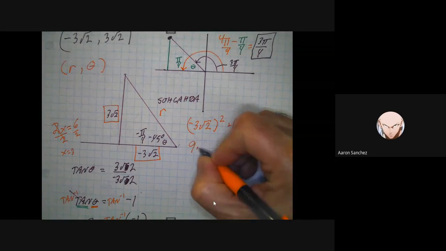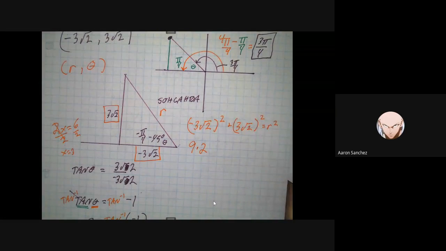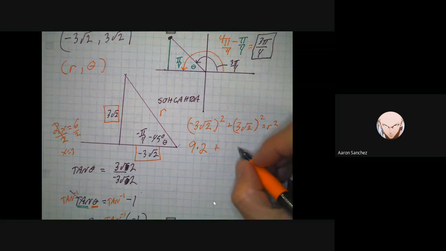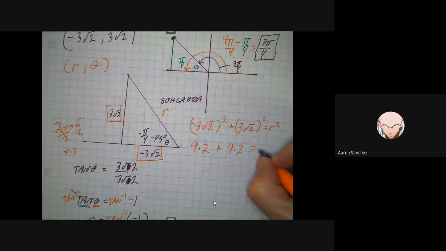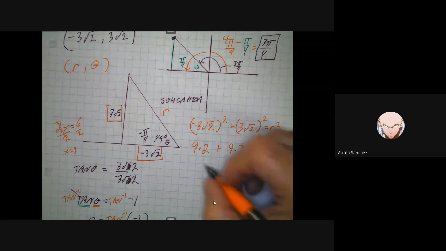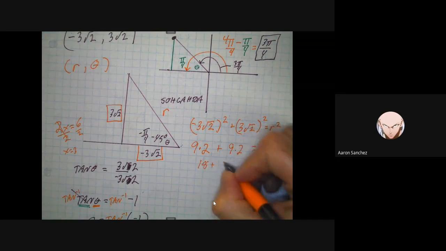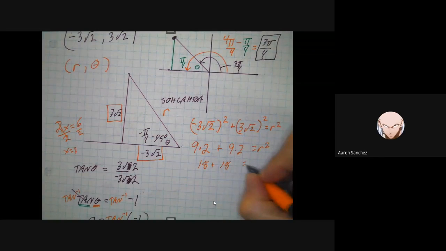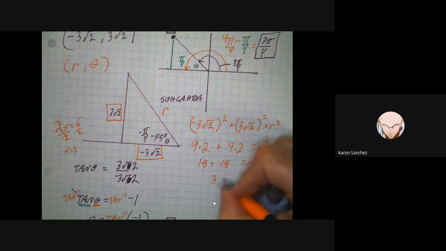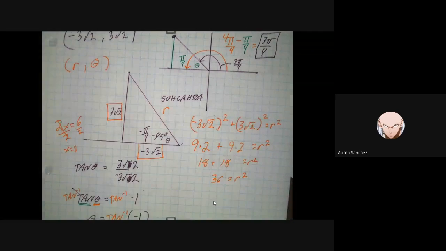Root 2 times root 2 is just 2, right? Plus 3 times 3 is 9 times 2. And then that's going to equal r squared, which is 9 times 2 is 18, plus 18 equals r squared. 18 plus 18 is 36.